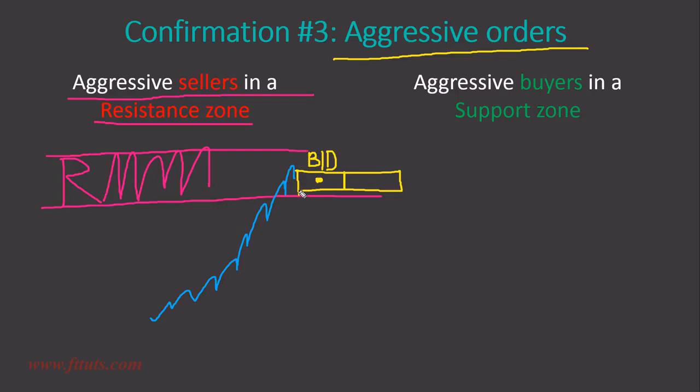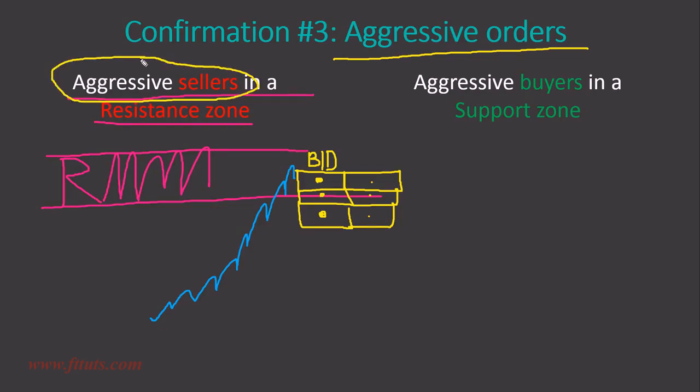If there is to be a footprint like this, then those numbers on the bid should be bigger than numbers on the ask. You will see those sellers jumping in, those numbers growing bigger and bigger, and that's a sign of aggressive sellers. And this means that those aggressive sellers are rejecting higher prices, and most likely they'll push the price downwards.